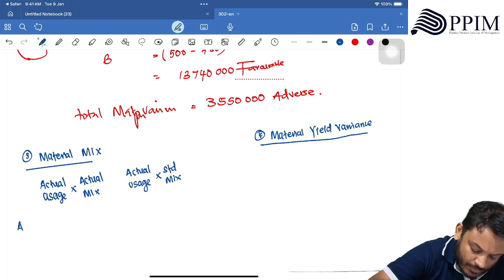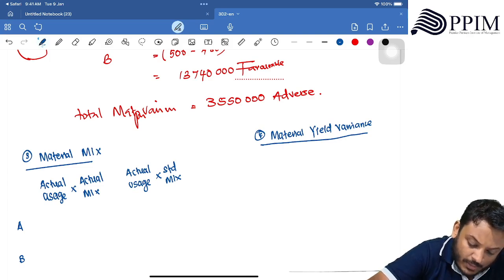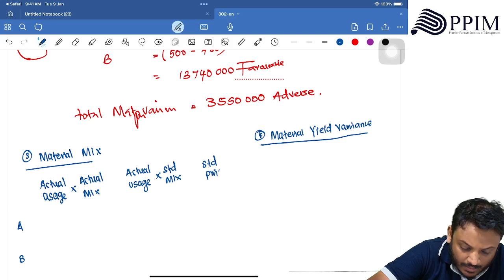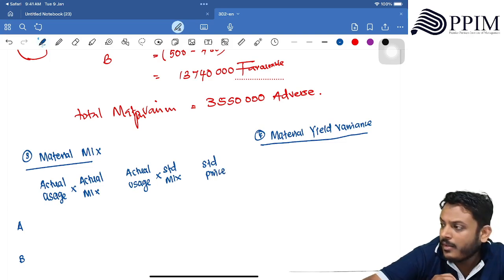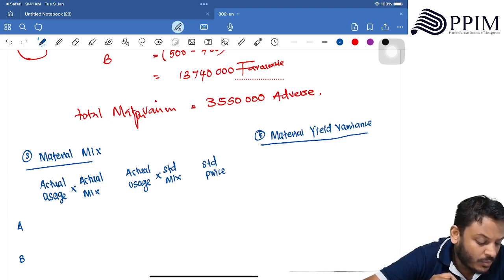There are two materials, A and B. Then you multiply by standard price. Okay, so actual usage and actual mix.